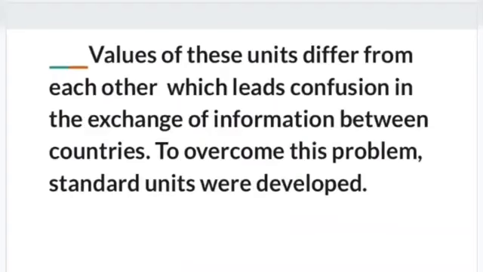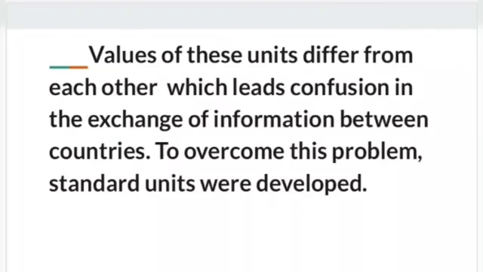Okay, and values of these units differ from each other, which leads to confusion in the exchange of information between countries. Means these values vary according to the countries. So it creates confusion in the exchange of information between different countries.